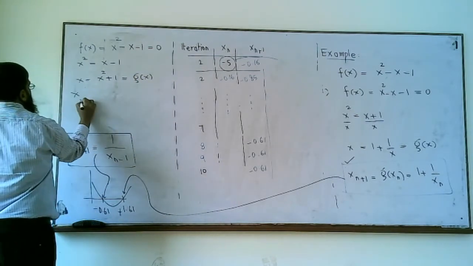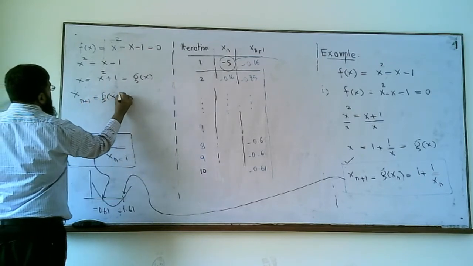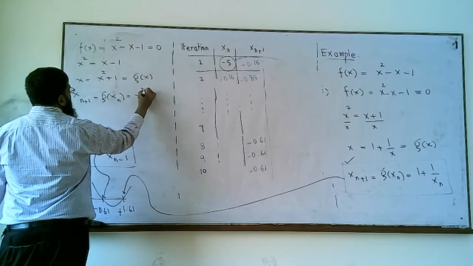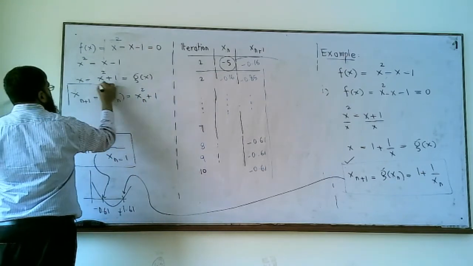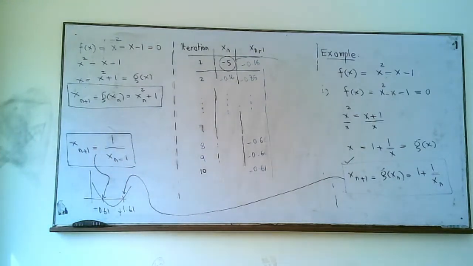So we can write it as x_{n+1} is equal to g(x_n), or x_n squared plus 1. So this is another way we can compute x_{n+1}.